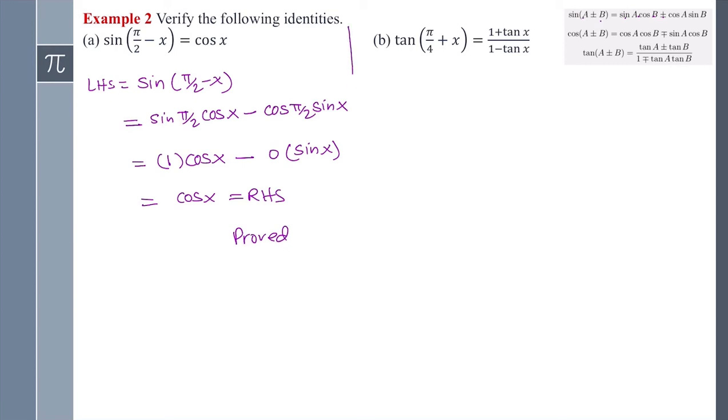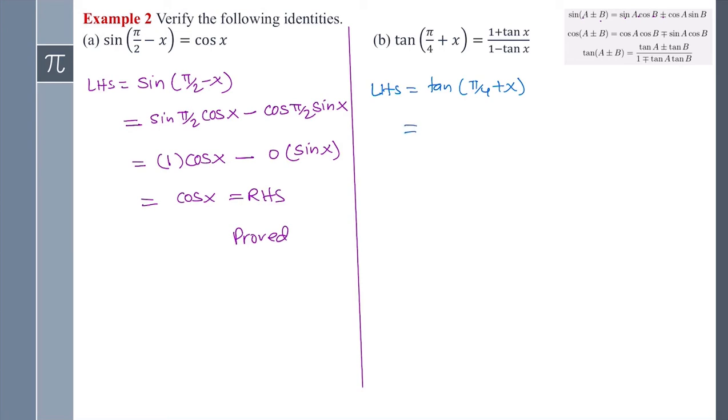So now let's look at the second example that we have here. Again, let's use the left hand side and get the right hand side. So left hand side equals tangent pi over 4 plus x. So this is tangent A plus B. Okay, so we can use the formula.